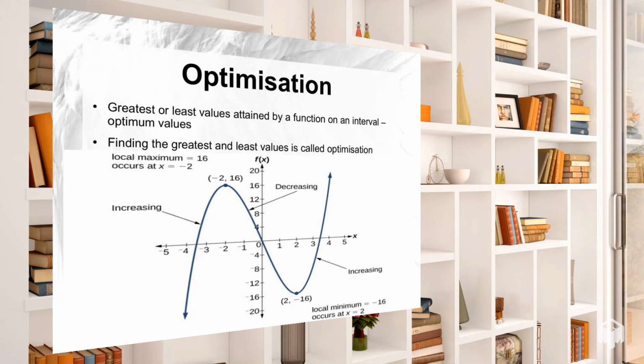On the first half left, we have the function increasing to a maximum value of 16, decreasing to a minimum value of -16, and then increasing again. This function describes a cubic equation. Remember, the function describes an equation. The equation describes the change in values between x with respect to the y values.